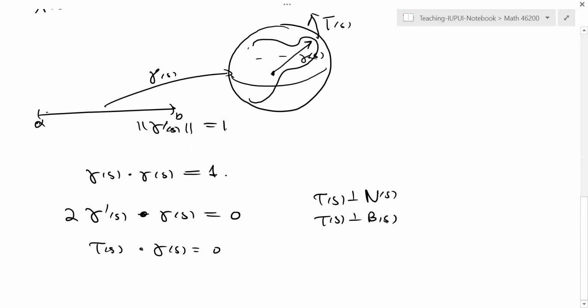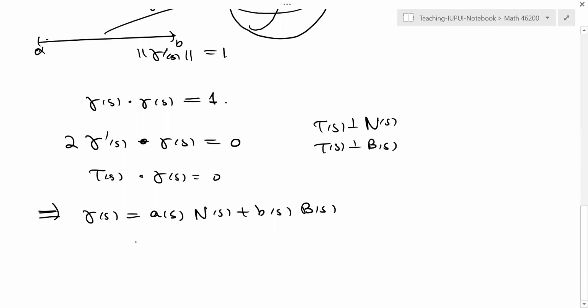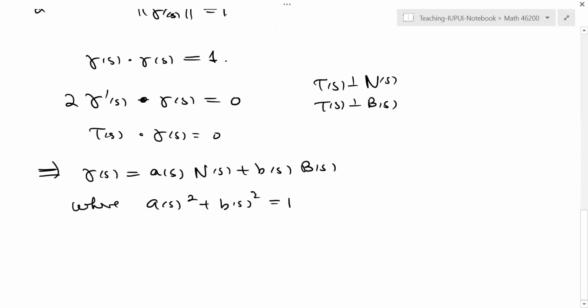So this unit vector can be written as a linear combination of a(s)N(s) plus b(s)B(s), and it's a unit vector, so a(s) squared plus b(s) squared equals 1. You can even express them as sine and cosine if you want.